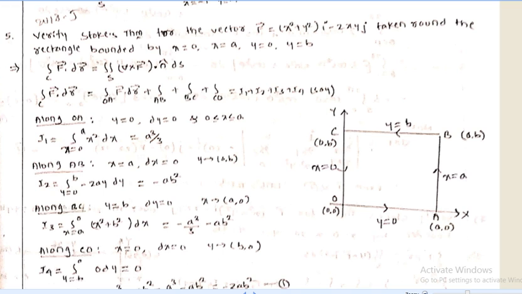So the lines are parallel to the y axis and x axis respectively, and the vertices are (0, 0), (a, 0), (a, b), (0, b) here.